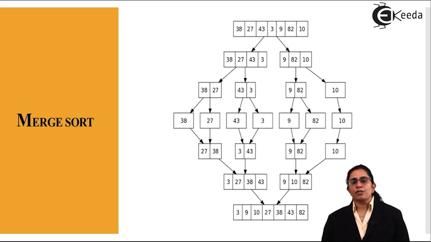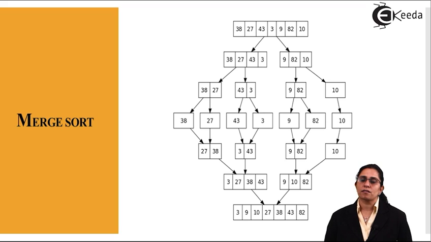So what happens is, the two elements which were sorted among themselves are now joined. So 27, 38, 3 and 43 are merged together and sorted among themselves. So I get a list 3, 27, 38 and 43.